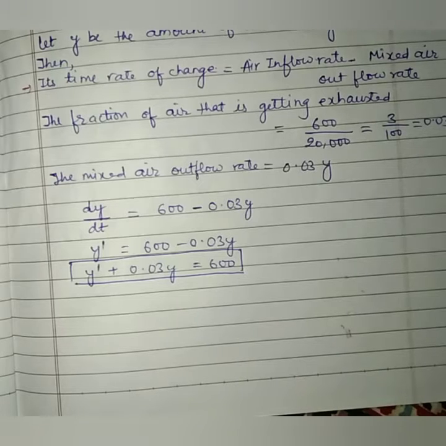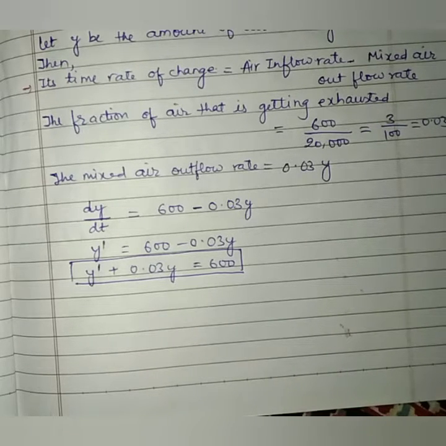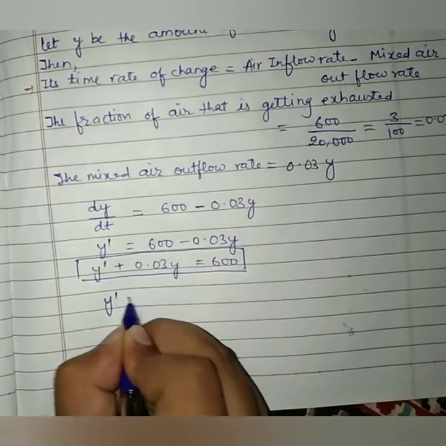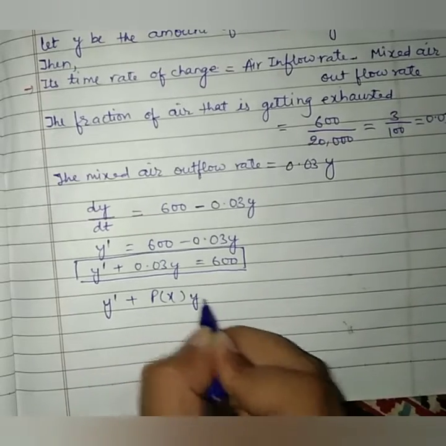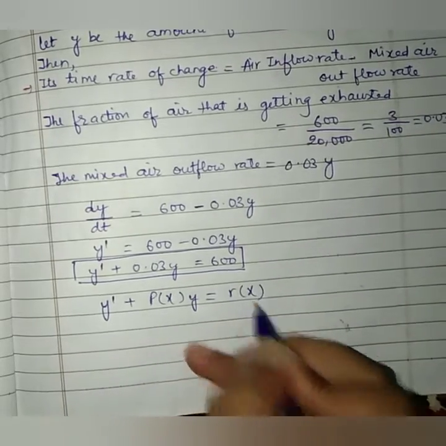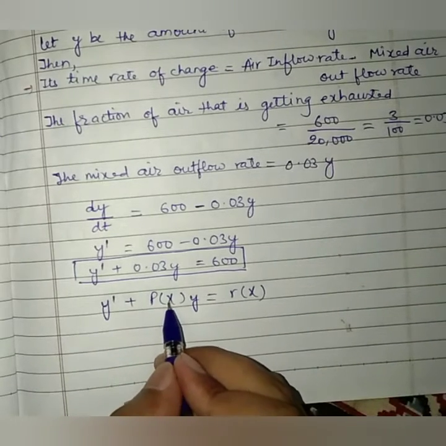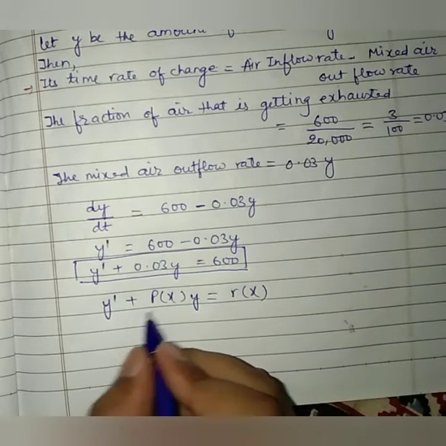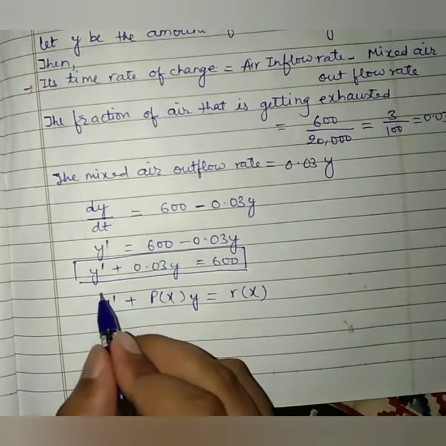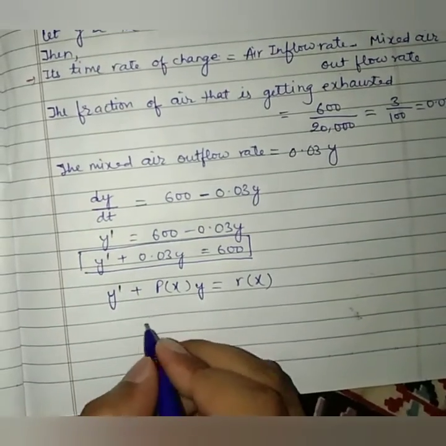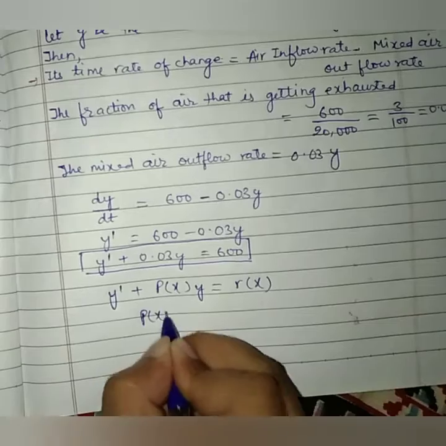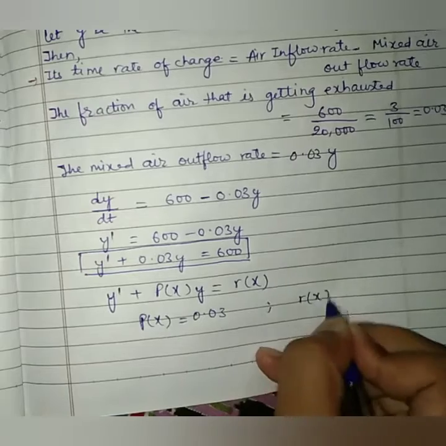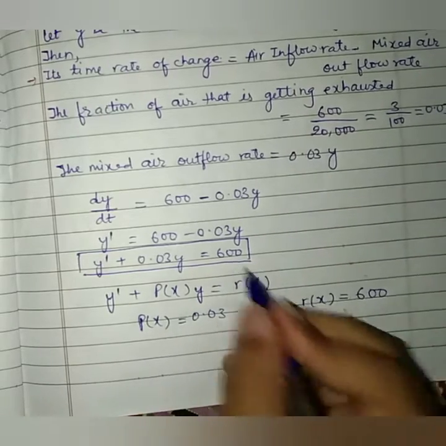So this is a first order non-homogeneous linear ODE. It resembles the form y prime plus p of x y equals r of x. Here y is a function of t, so we will be using t in place of x, and if we compare, we can infer that p of x equals 0.03 and r of x equals 600.